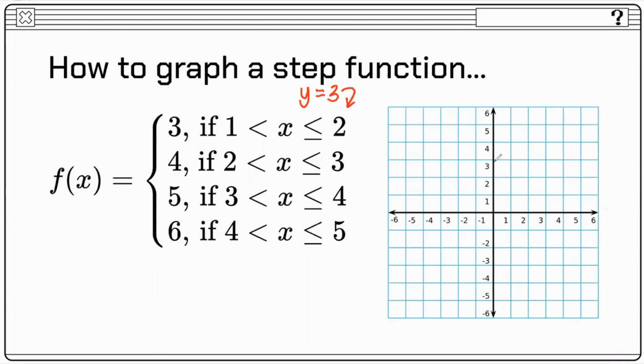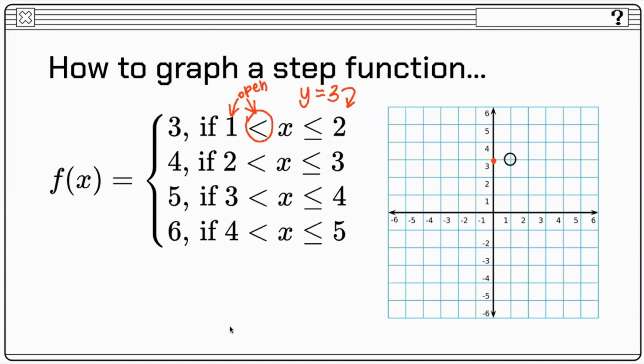So we know we want to graph our horizontal line here at 3 on the y-axis, but you only want to graph it when 1 is less than x is less than or equal to 2. So go ahead and look for where that is on the x-axis. 1 is right here, so at your horizontal line of 3, since it is a less than symbol, you want to graph an open circle at 1, where x is equal to 1, so that would be right here.